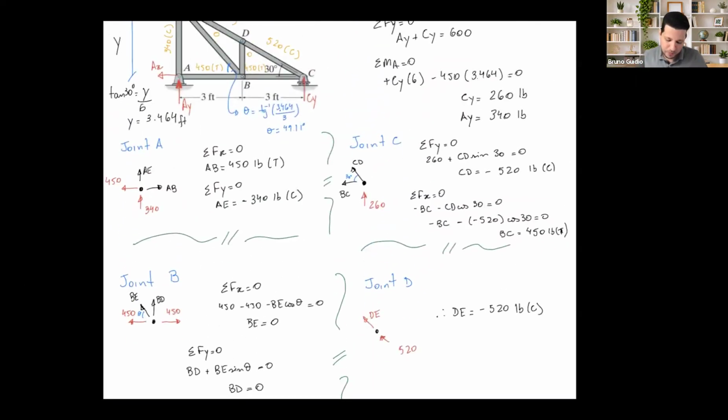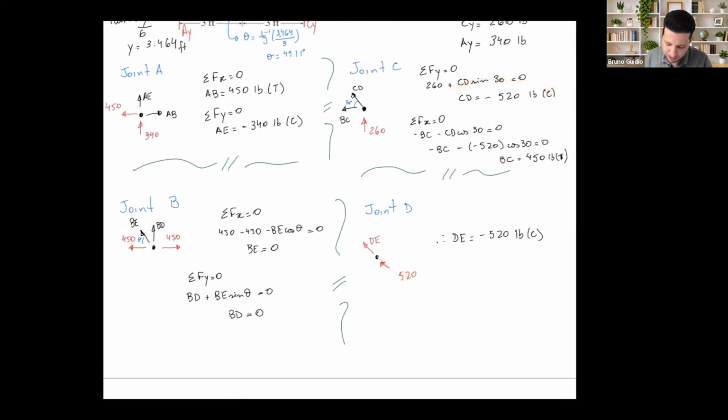Bruno, can I assume tension and come here? What is CD? Right here, and I see negative 520. Yes, then your solution is going to be a little bit different. If you do the sum of the forces in X and Y, depending on how you're doing that, you're going to get the same, DE negative.